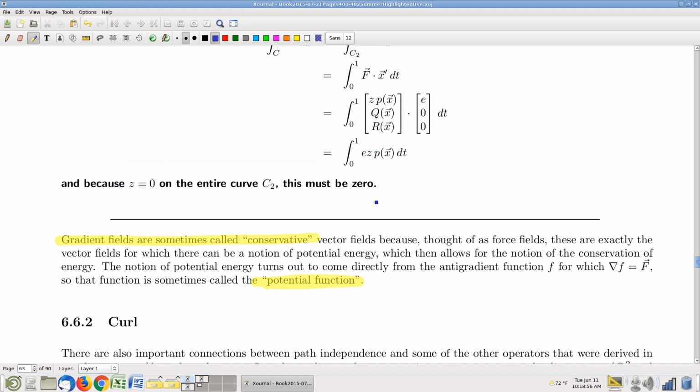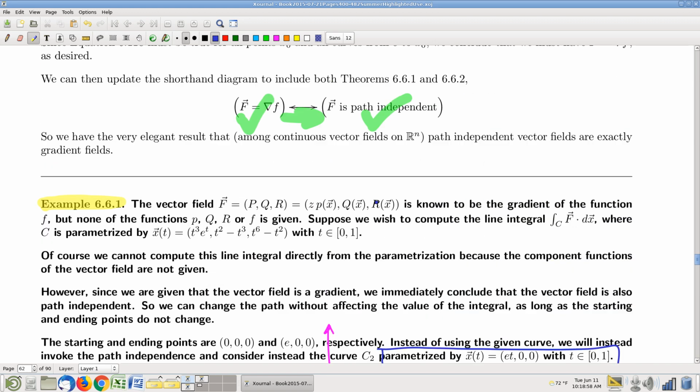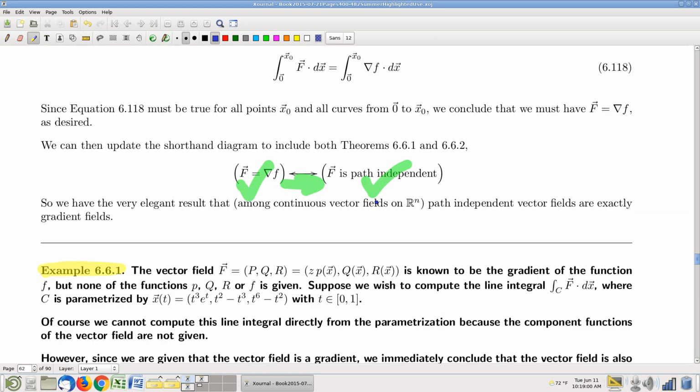Okay. So I want to talk a little bit about a related notion from physics that relates to path independence, aka gradients. I'll try to be quick with this. But physicists take a different point of view on path independence. And here's their point of view.